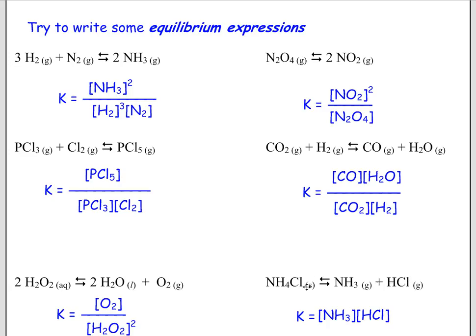Remember, ammonium chloride is a solid, so it's ammonia times HCl over 1, technically. But anything over 1 is itself, so we don't have to worry about that. So now we can write equilibrium expressions. In the next little video, we'll figure out how to do calculations with them.